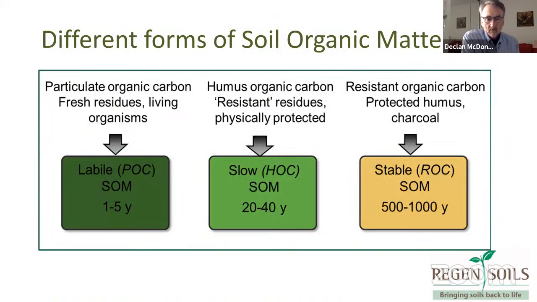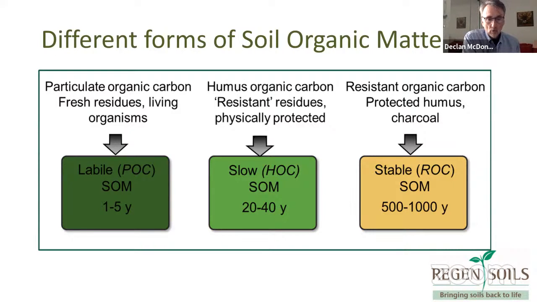So just reminding you briefly, we have principally 3 pools of organic matter that are defined mainly by their residence time in soils. So the labile, the particulate organic carbon, form of soil organic matter. It says here 1 to 5 years, but actually it can be a matter of weeks and up to 5 years.